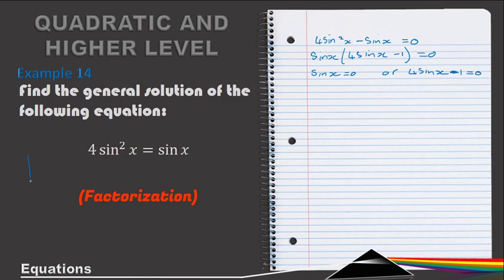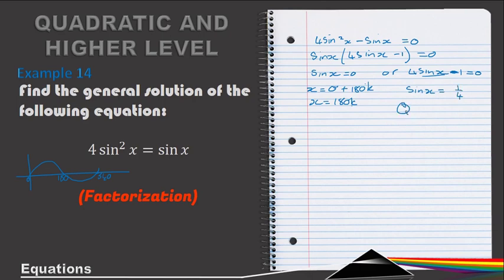Once again, I look at my sine graph, and sine is 0 at 0, at 180, at 360. So x is just going to be equal to 0 degrees plus 180k, or I can simplify it by saying x is equal to 180k. Then on this side, to isolate sine x, I've got sine x is equal to 1 over 4.